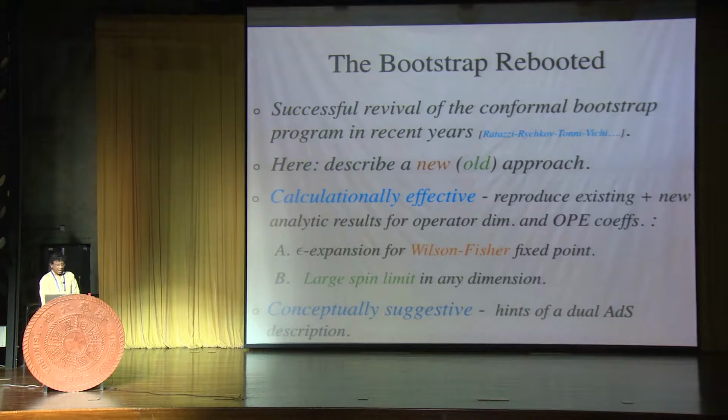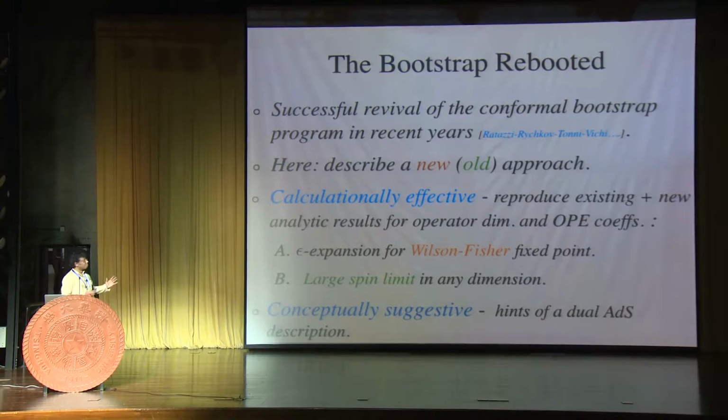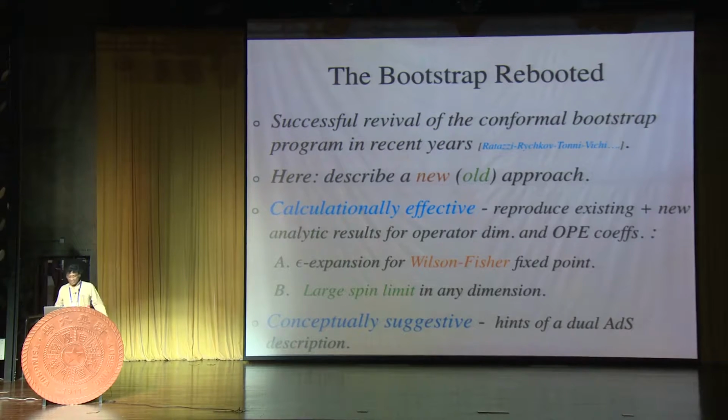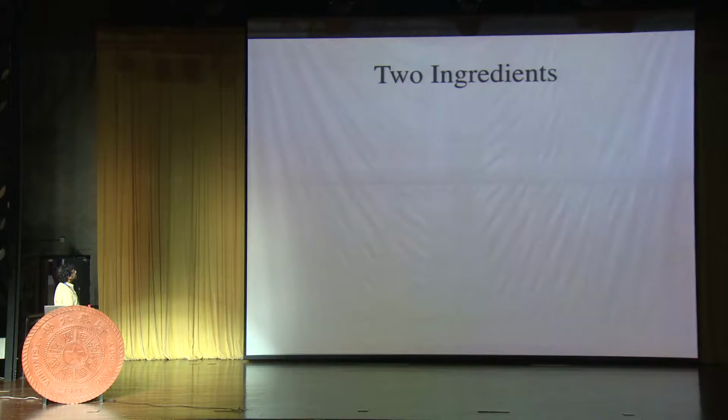I won't say very much about this, but as you will see, there's a sort of dual AdS type description, so I'll leave the suggestiveness to suggest various things to you. We can discuss later.